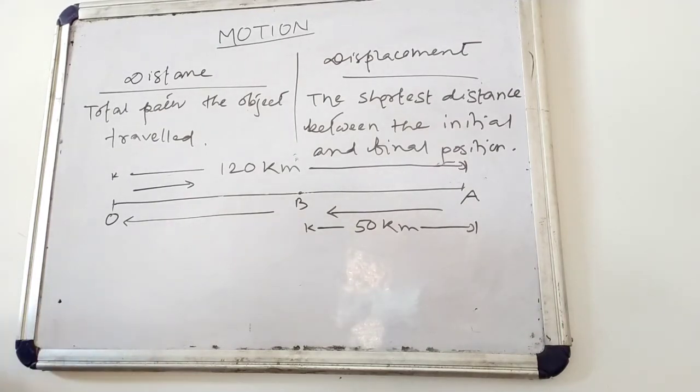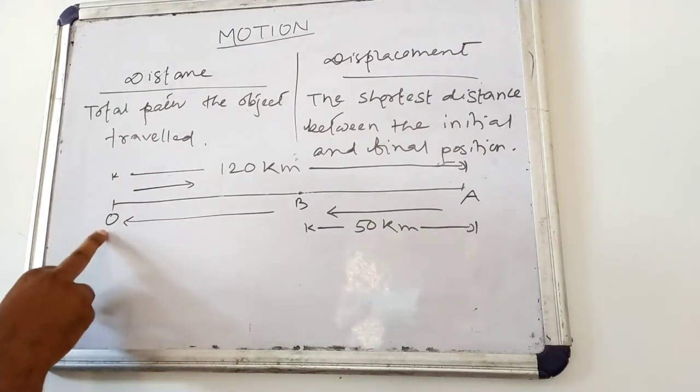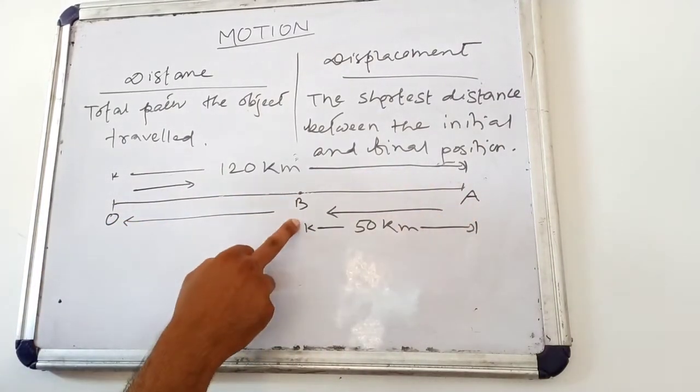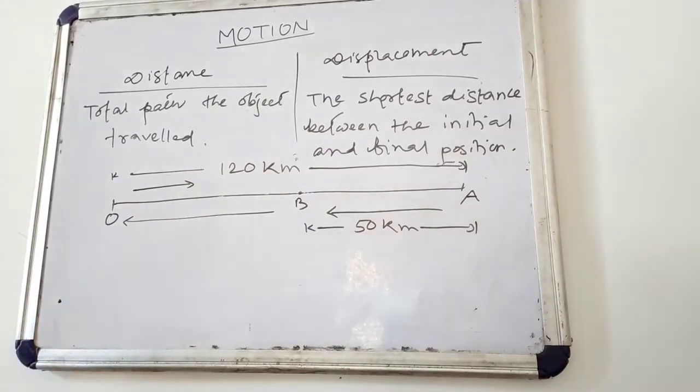So at every point we will calculate the distance and displacement. That means at O, at A, at B, again at O. So at all these points, what will be the distance and displacement? We will check whether it will be same or different.